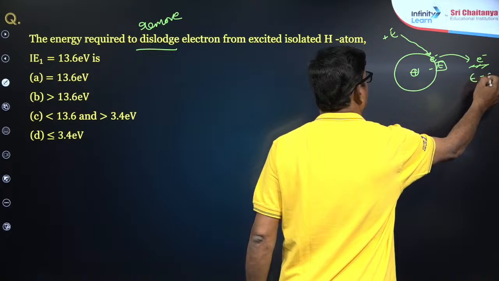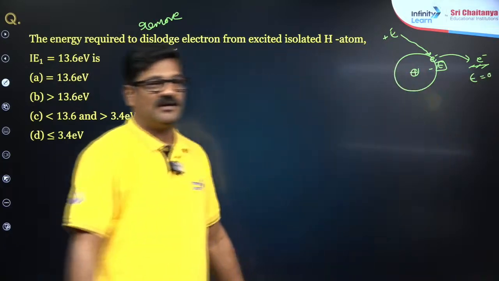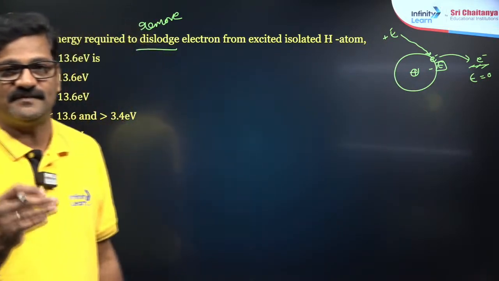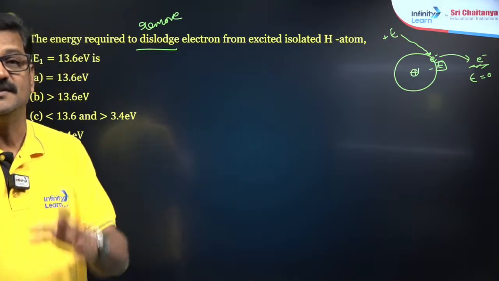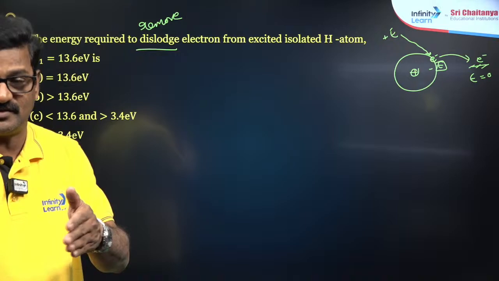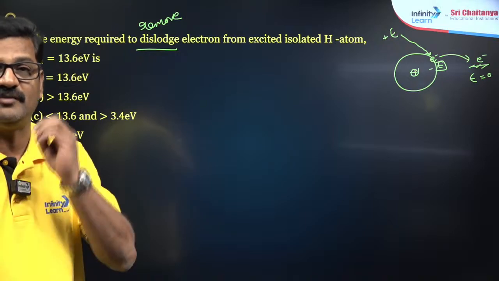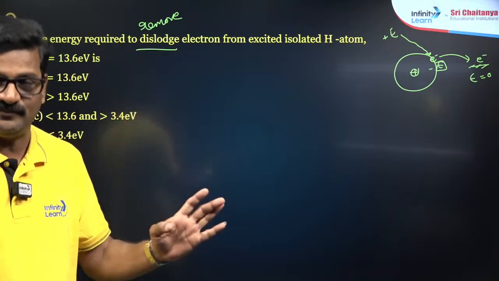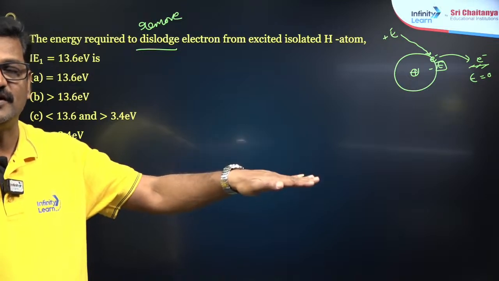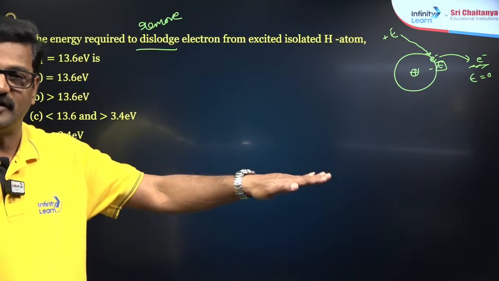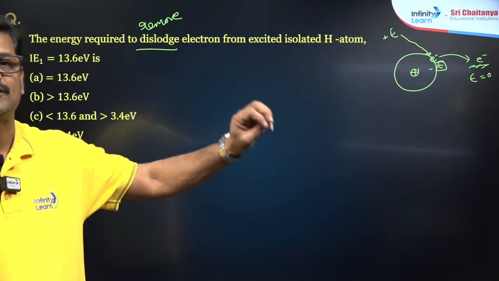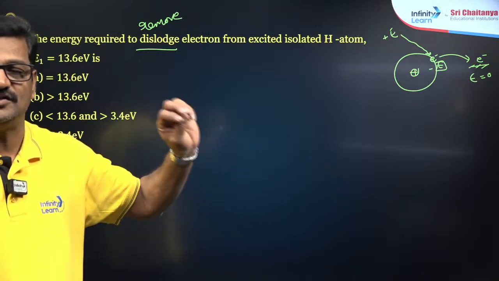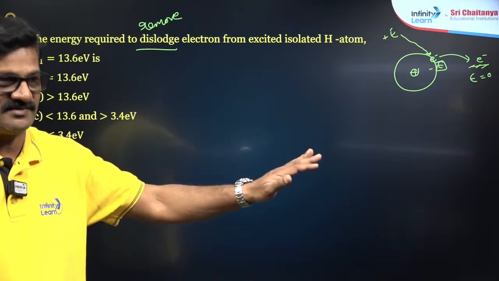So that electron energy is going to be 0. So how much energy this electron has, if you give that much amount of energy, the electron is going to be dislodged, meaning it is going to be completely out of the atom, and it is said to have kinetic energy 0, completely out of the atom and at rest. So minimum it should have electron 0 energy at rest.